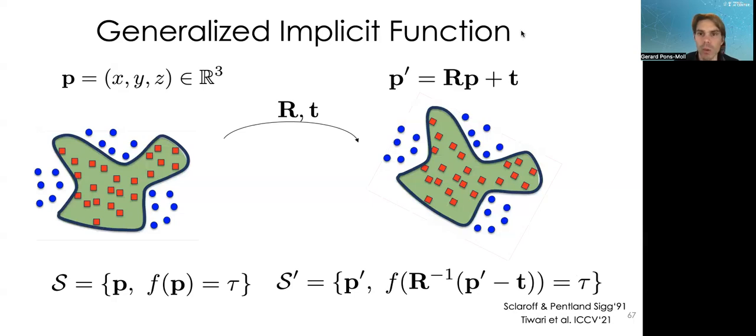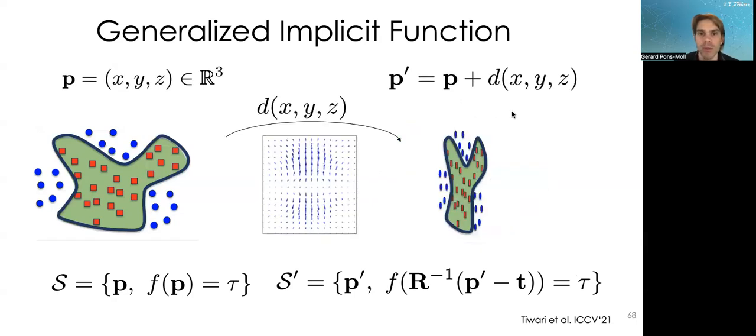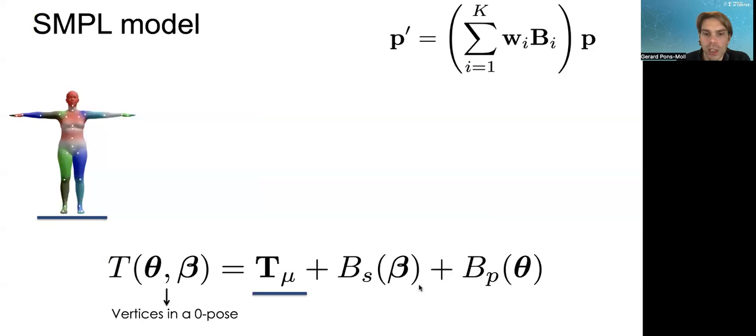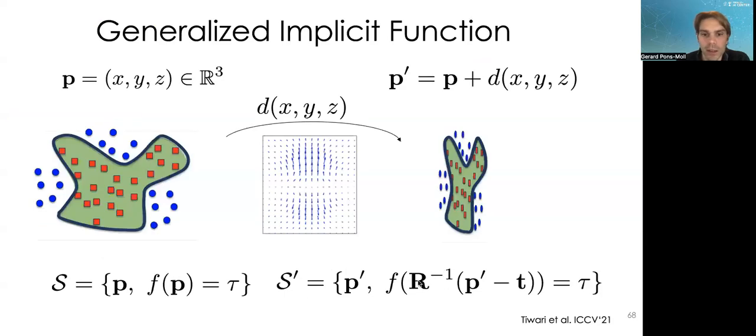And this is not only for rigid transformations, but for more generic deformation fields like D of X, Y, Z. You can have a deformation field that deforms every point P in this canonic space into the posed space P prime, and you would just apply the minus D of X, Y, Z in order to apply this inverse transformation. Oh, this formula is missing here.